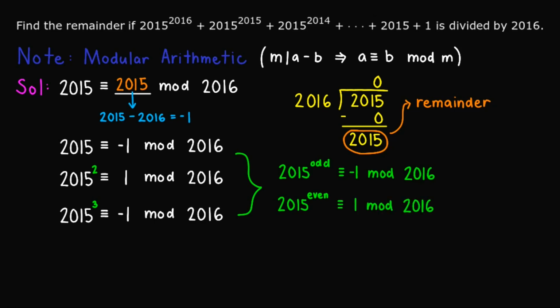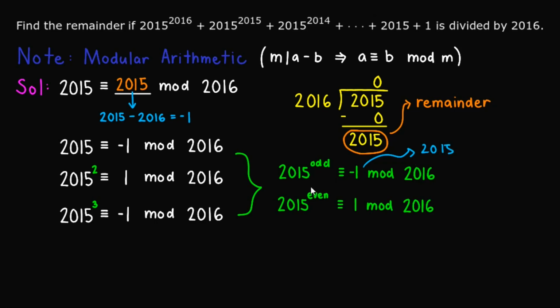So in modular arithmetic sense, this tells us that the remainder for 2015 raised to an even number is 1, and the remainder when 2015 is raised to an odd number is equal to -1. So this is just a representation again. This is actually 2015.